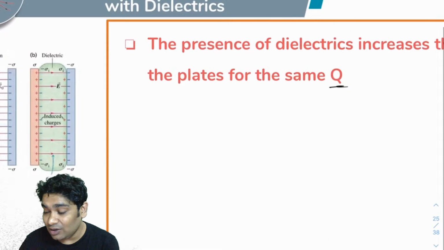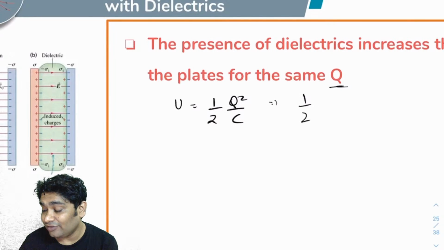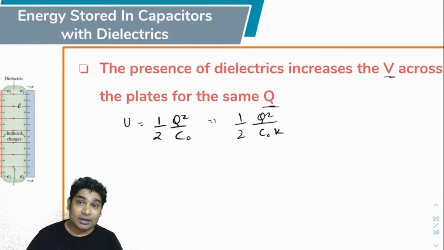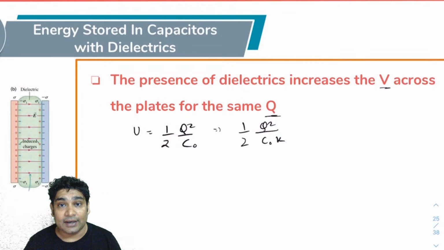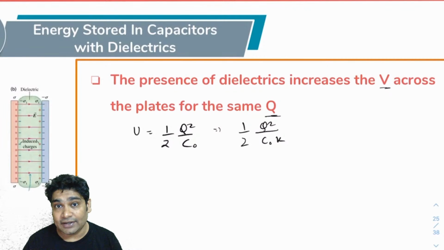So, I know energy stored U would be half Q square over C. So you realize half Q square does not change, over K times C, or if this is C naught, you will have K times C naught. So you realize the moment you are inserting a dielectric. Okay, so I have disconnected this from a battery, by the way.